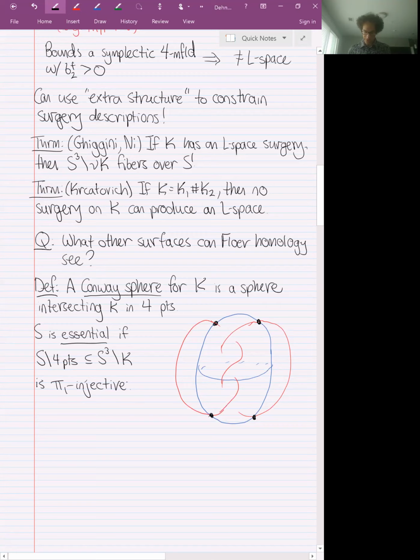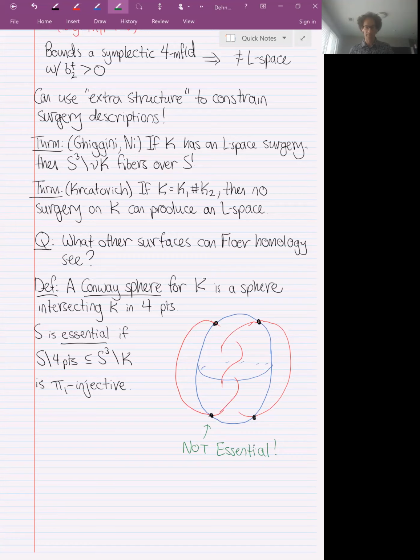It's not too hard to actually see that this example is not essential. So I'll leave it as an exercise for the viewer to find a loop which actually gets killed off when we include into the knot exterior.